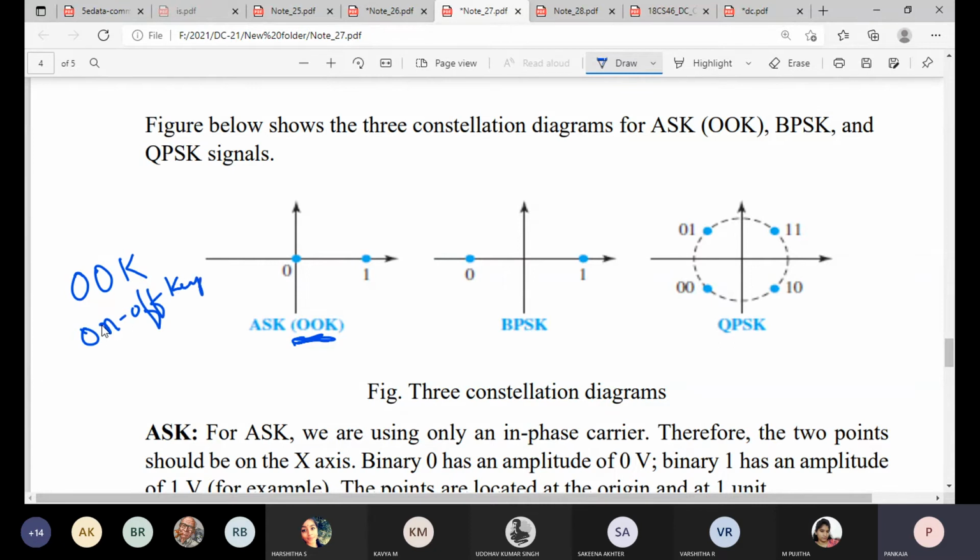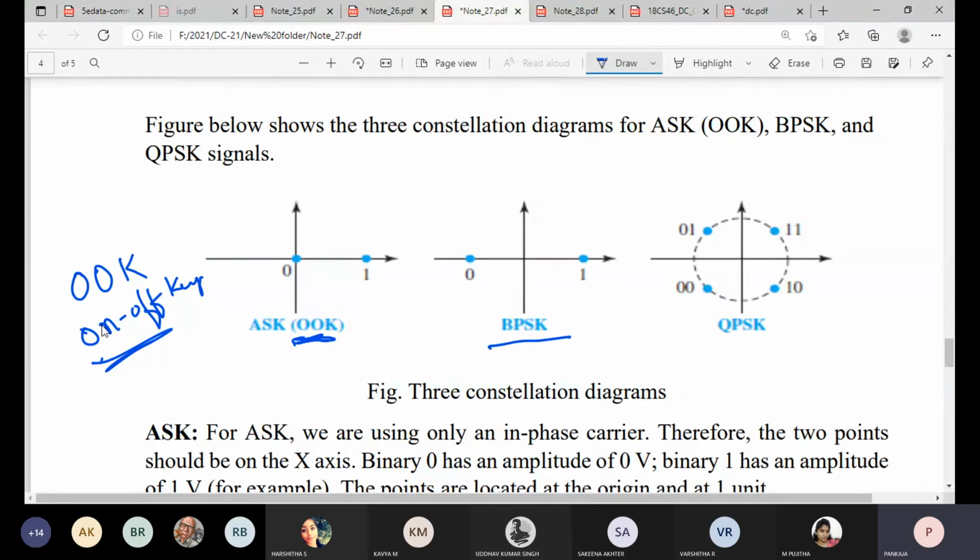So that is very simple. Based on the bits, either the amplitude will be high or it will be 0. Because of that, the term on-off keying is given. The next one is BPSK, binary phase shift keying. This is a constellation diagram for binary phase shift keying.